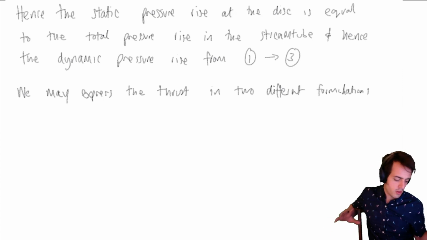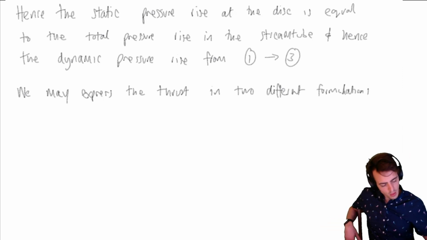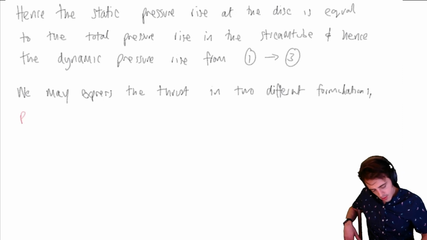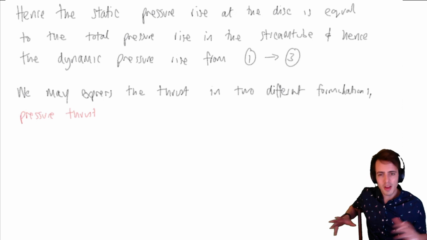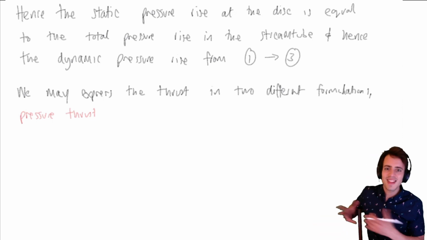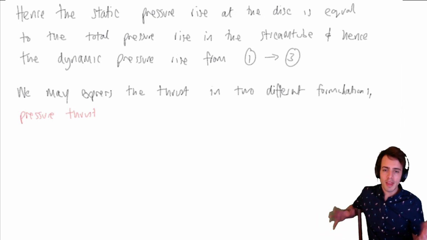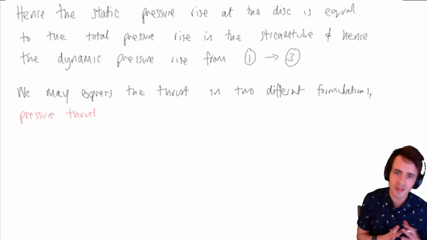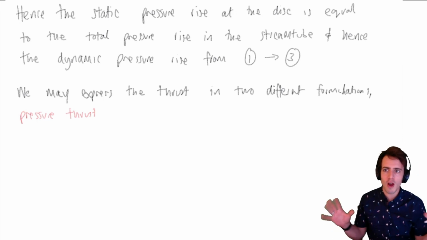So we can express the thrust in two different formulations. The first one we'll call pressure thrust. I don't always like the way that we separate them into pressure thrust and momentum thrust. They're the same thing and they're equal to each other. They're not two separate parts of thrust. They're just different ways of describing this whole quantity.